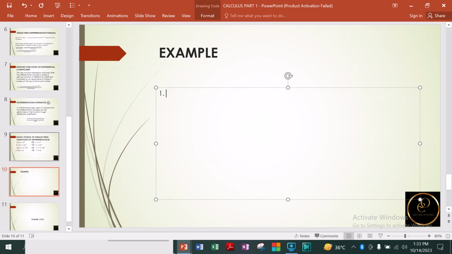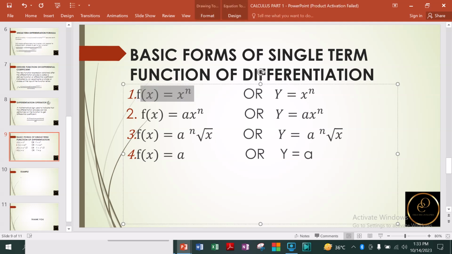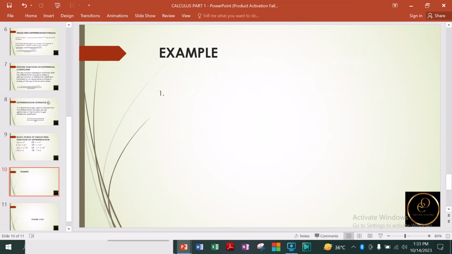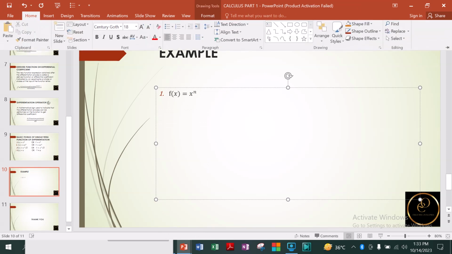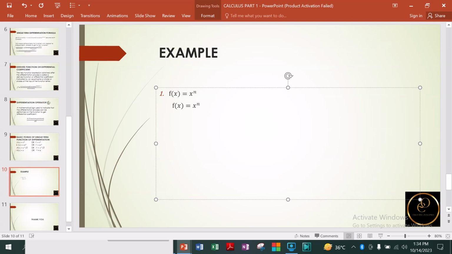Let's say we have this particular function: function of x is equal to, for argument's sake, 6 x raised to the power 4.